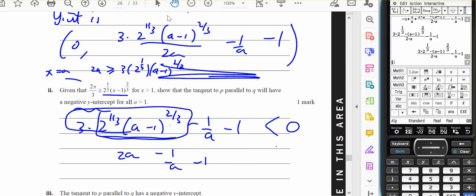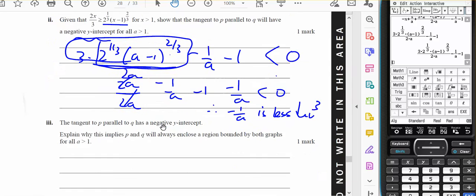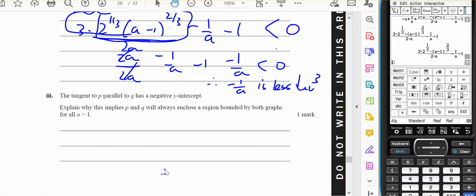But remember, I have to divide by 2A, I missed that. They cancel, and 1 minus 1, I get negative 1 on A is less than 0, and A is bigger than 1, therefore negative 1 on A is less than 0. Therefore, that's true. Okay, the tangent to P parallel to Q has a negative y-intercept.